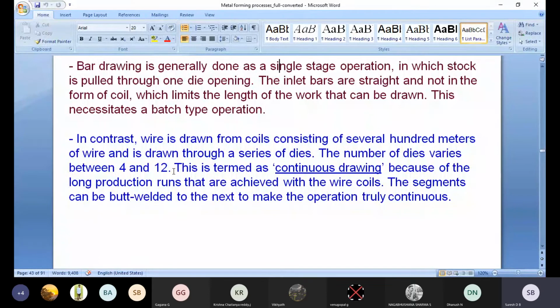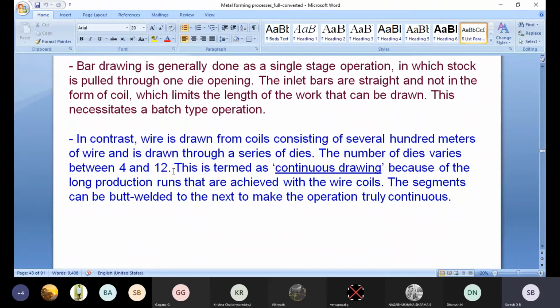Butt welding means, suppose you can manufacture 100 meters of wire in a single operation, but I want 300 meters of wire. In 3 different operations, in one operation you perform 100 meters of wire, in the second operation 100 meters, and in the third operation also 100 meters of wire.